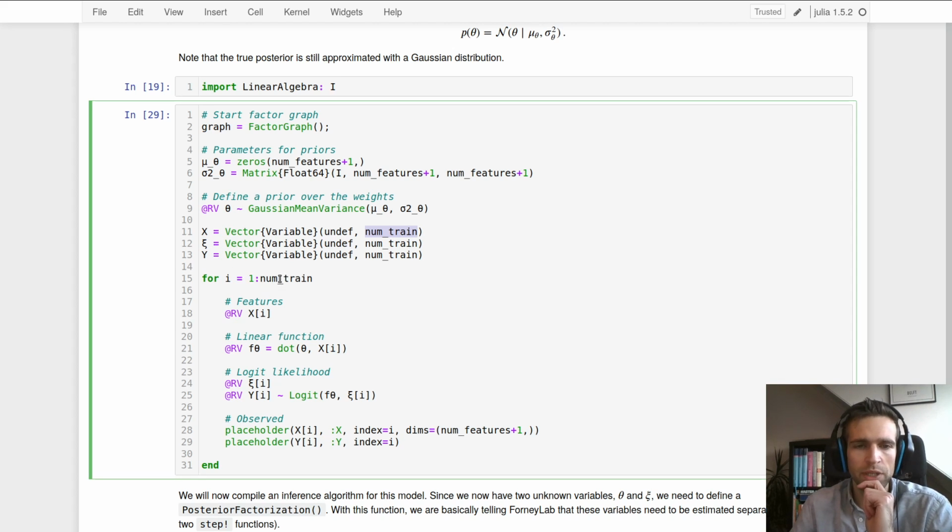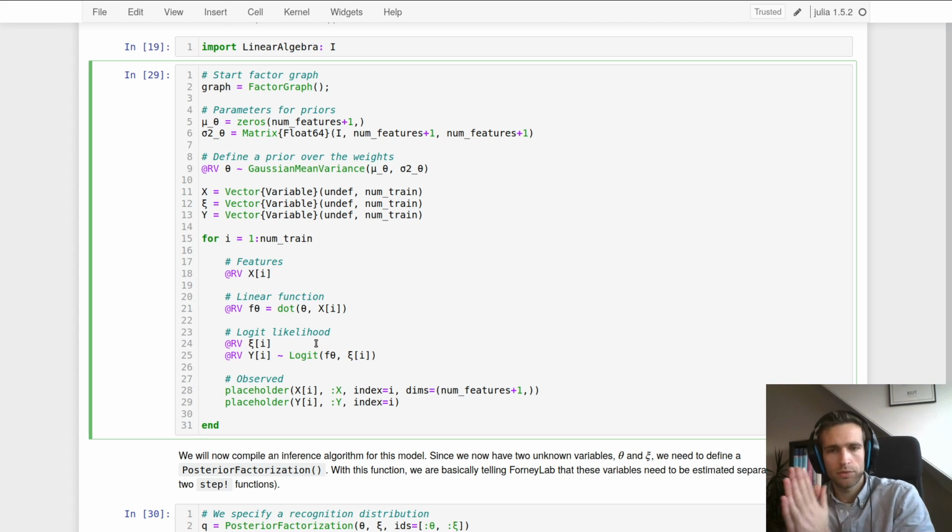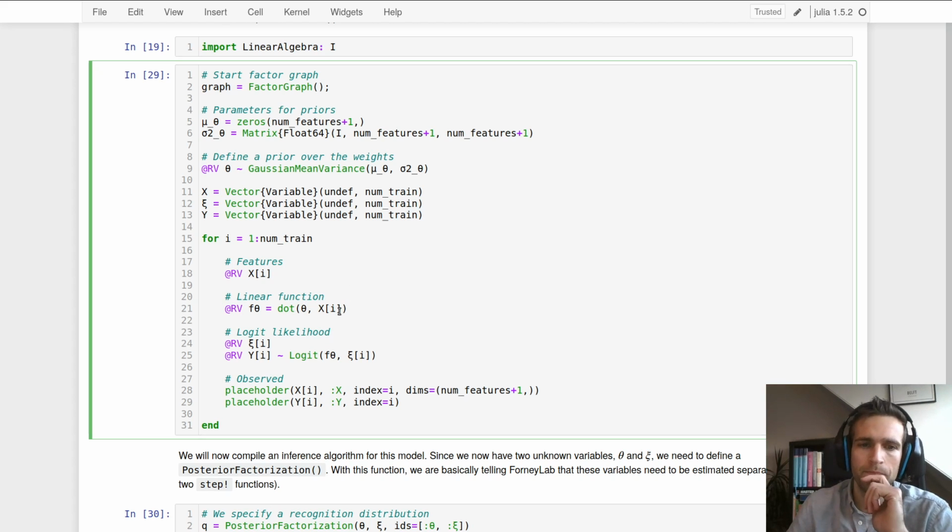And so we iterate over those n samples, and we define for the ith entry of this vector x it to be a standard random variable. Here we've defined this linear function f of theta separately, so there's dot theta times x of i. That's not strictly necessary, you can plug that in here, but because the logit is already sort of the combination of a sigmoid transfer function of Bernoulli, I'm avoiding making it also the combination of this linear function in there.